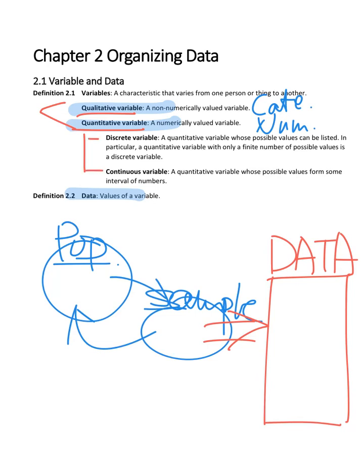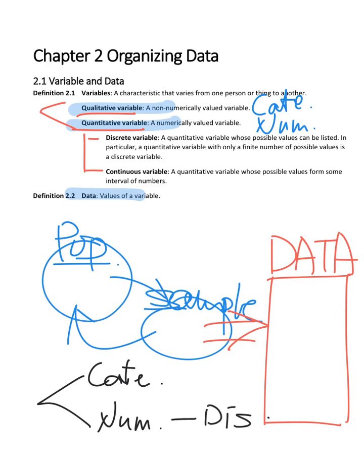That will be discrete and continuous. Okay? So now I can make the chart. We have two types, categorical and numerical. Numerical has another two types, discrete and continuous.